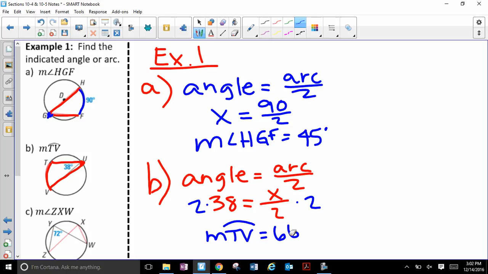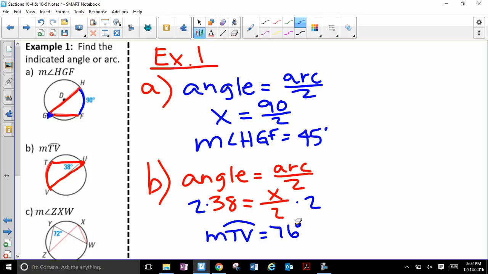Nope, sorry, 76. Some mental math here. Degrees. Because we took 38 and multiplied it by 2.